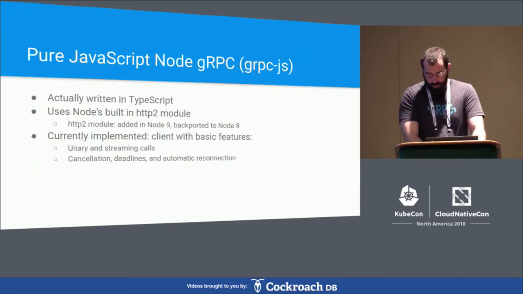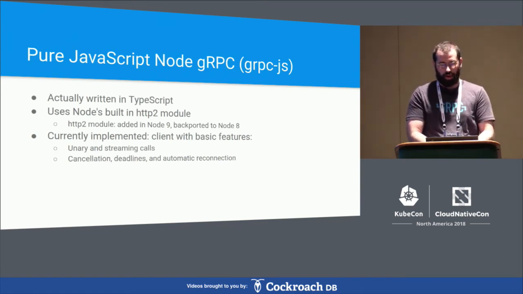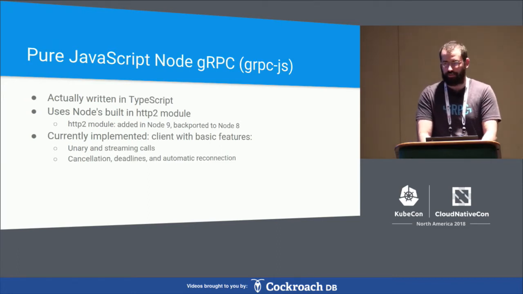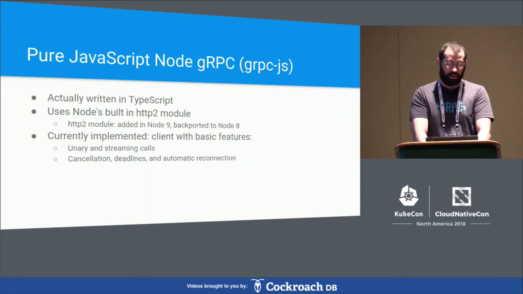So as a result of this, the solution that we came up with was to re-implement gRPC purely in JavaScript on top of Node built-in APIs. So the library itself is written in TypeScript. That's become a lot bigger in the time since we started this project originally.